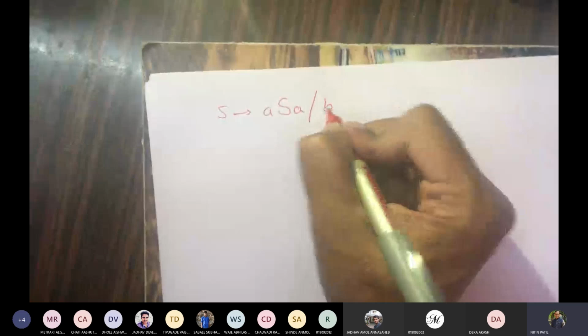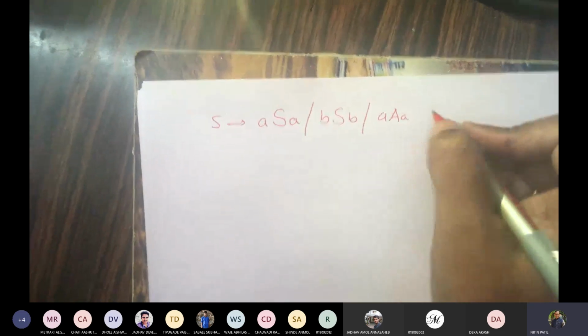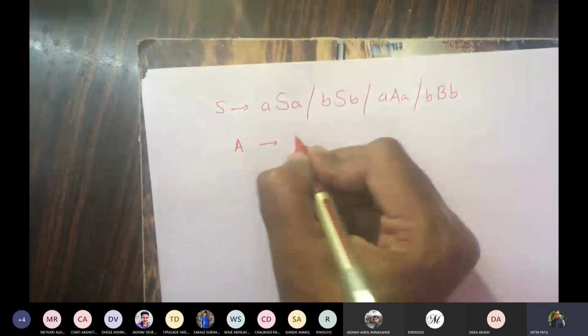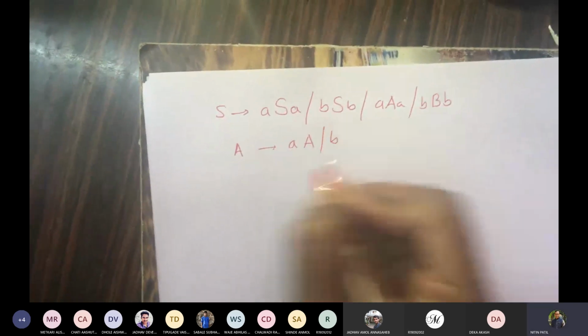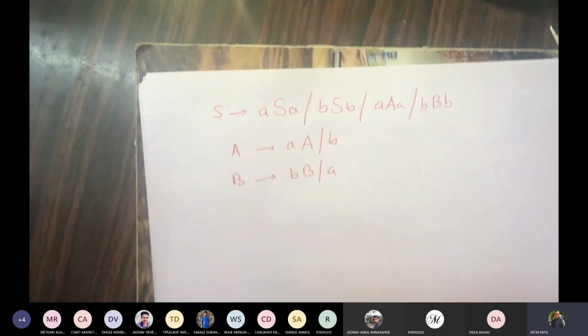Let me take a small example. Suppose the given grammar contains productions like this: S gives ASA or aB, A gives B or S, and B gives b or epsilon.